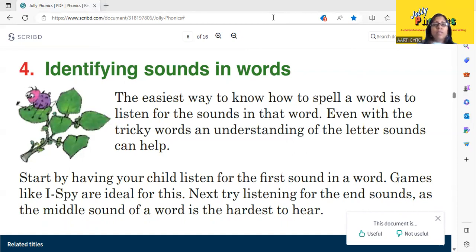And even with this, tricky words and understanding of the letter sounds can help.